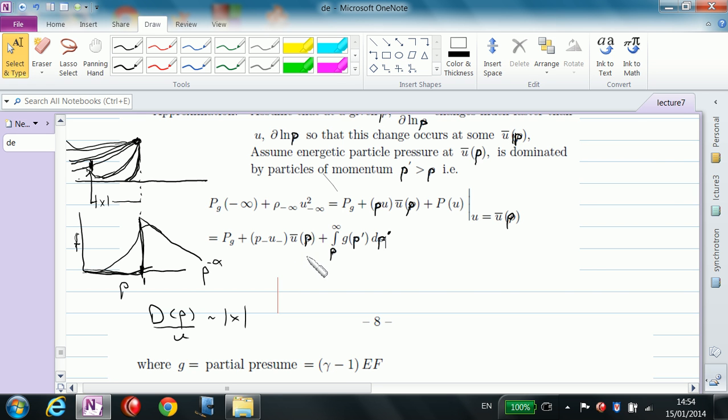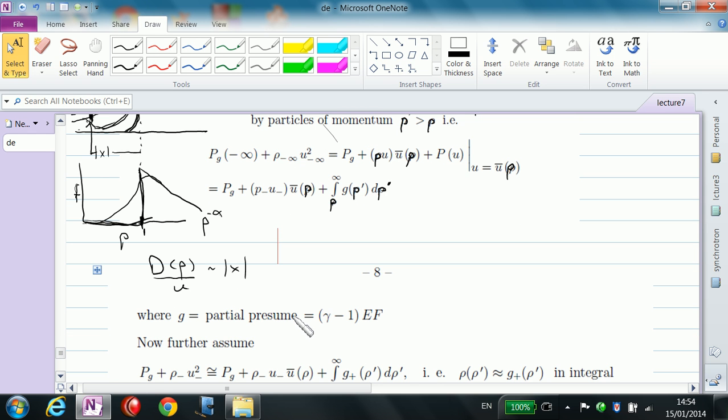And if I ask what's the upstream pressure, that determines the upstream velocity that I should use to figure out the spectrum for particles at momentum P, then this presumably is pressure, partial pressure.